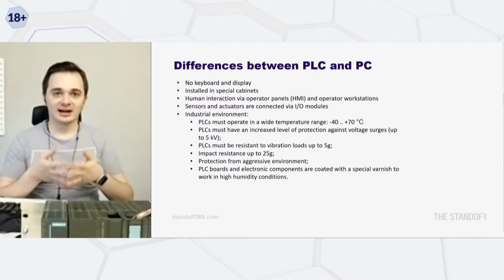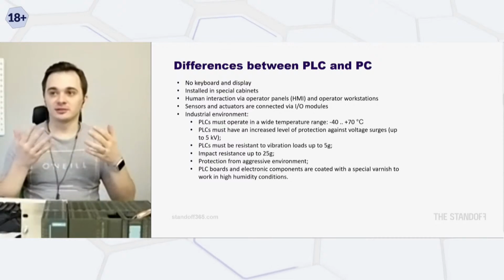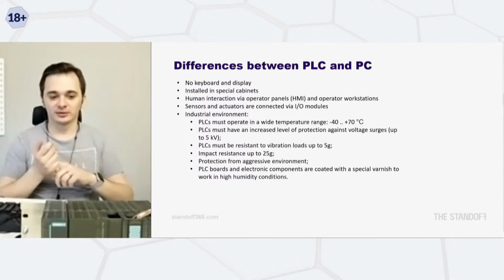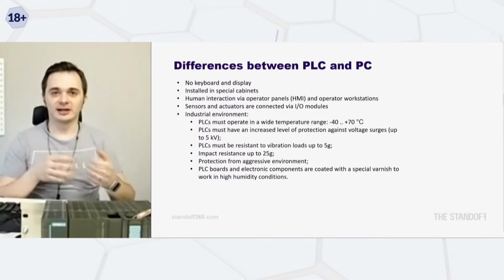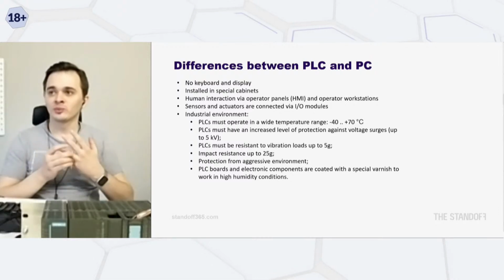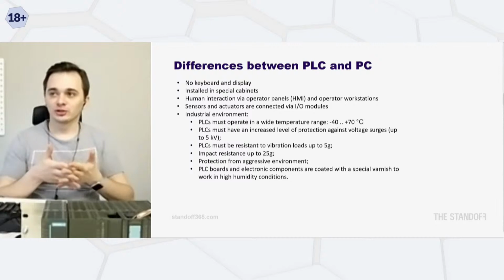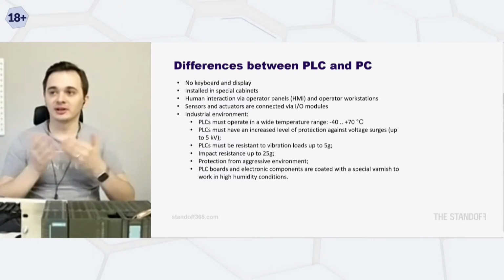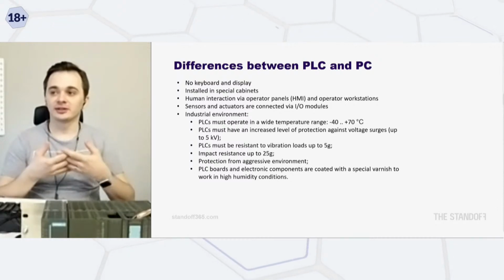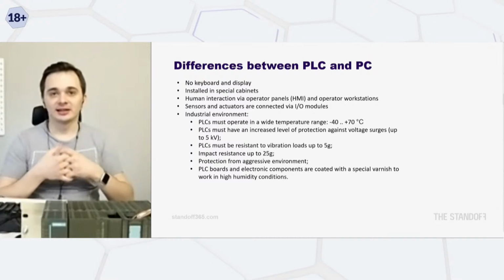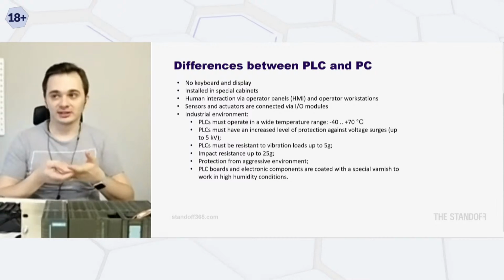You might have noticed that the PLC is somewhat similar to a PC. A PLC has memory, it has a RAM, it has inputs and outputs, it has code that controls it. So what's the difference? Actually, there is a difference. A PLC is intended for operation in a production environment, and this creates certain requirements and restrictions.